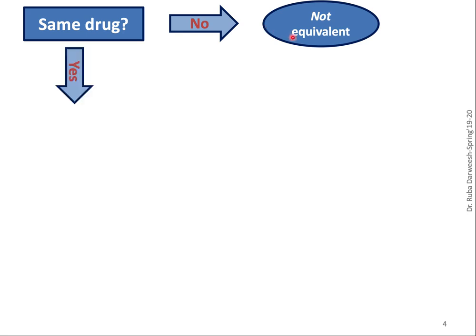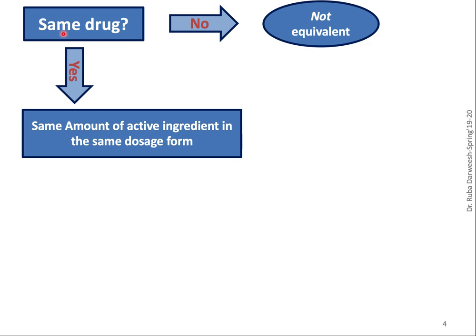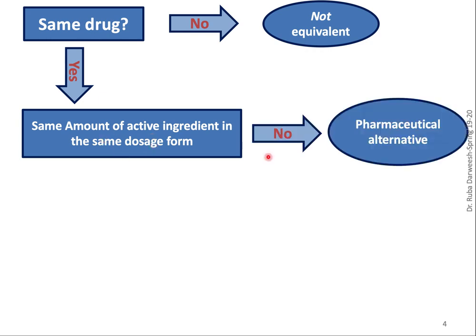If we have the same drug, then we ask ourselves if we are talking about the same amount of active ingredient in the same dosage form. If it's no, then we are talking about pharmaceutical alternative products, which means the same drug, but we may have some differences either in the amount of the active ingredient or the dosage form.